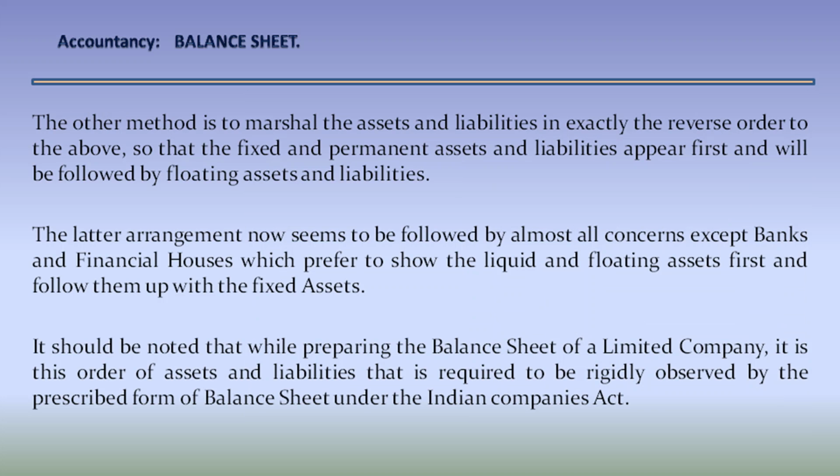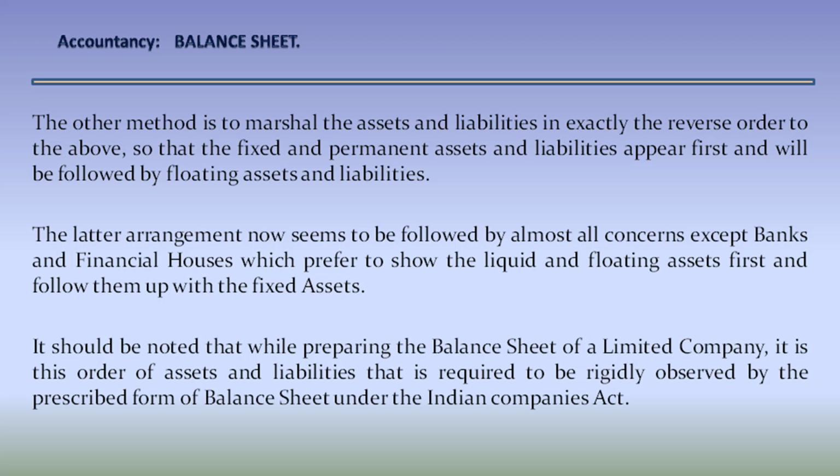The other method is to marshal the assets and liabilities in exactly the reverse order to the above, so that the fixed and permanent assets and liabilities appear first and will be followed by floating assets and liabilities. The latter arrangement now seems to be followed by almost all concerns except banks and financial houses, which prefer to show the liquid and floating assets first and follow them up with the fixed assets.